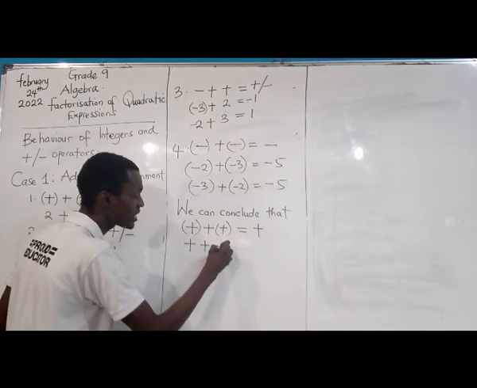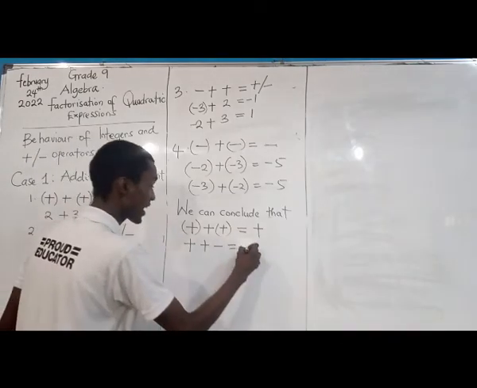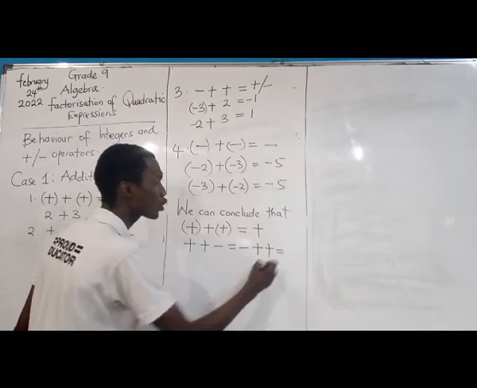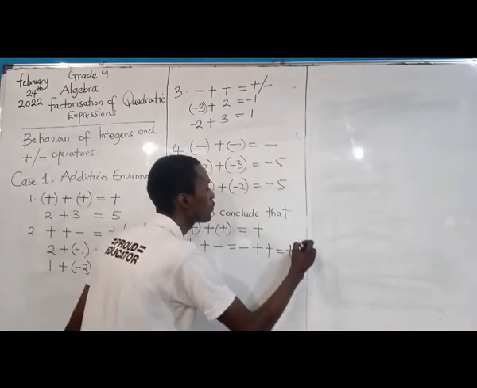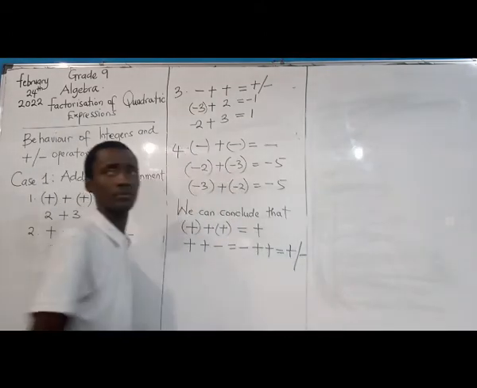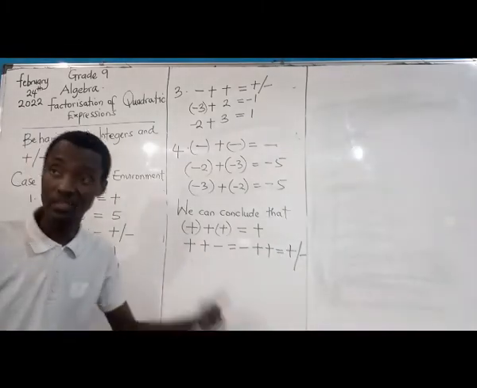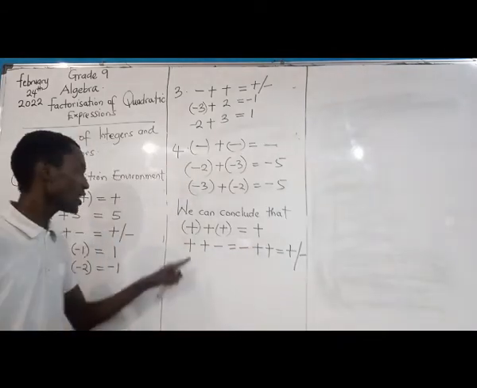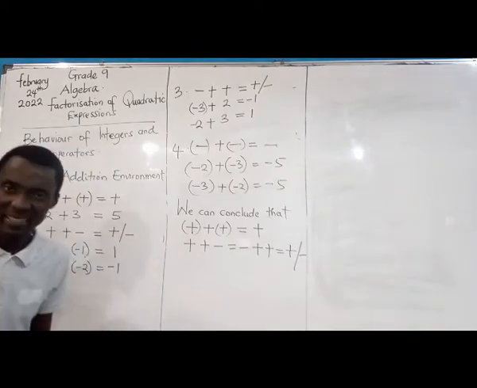Positive plus negative is also the same thing as talking about negative plus positive, and the outcome is dependent on which one is bigger. Your answer will either be positive or negative. You can't tell what the answer is by just looking at it. You have to test. And we said here, if the negative is bigger, your answer will be negative.